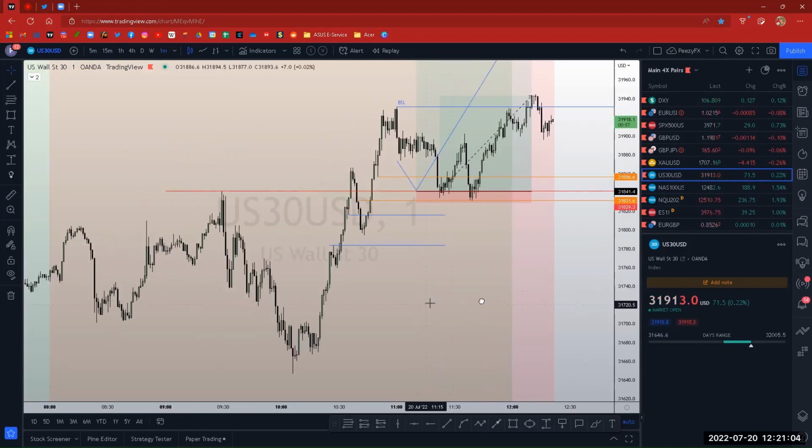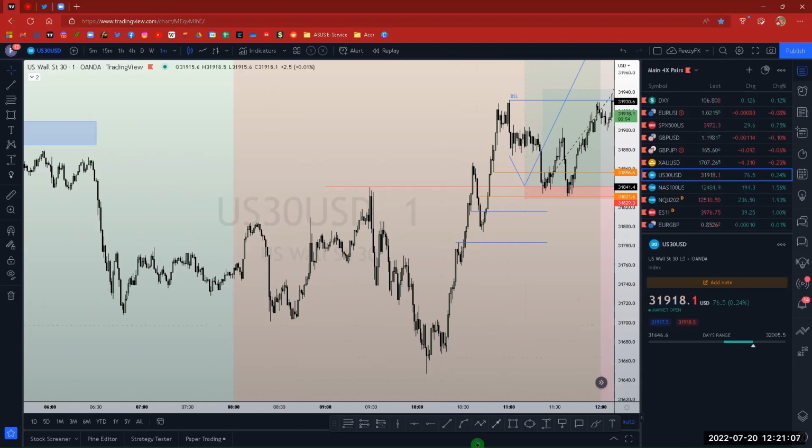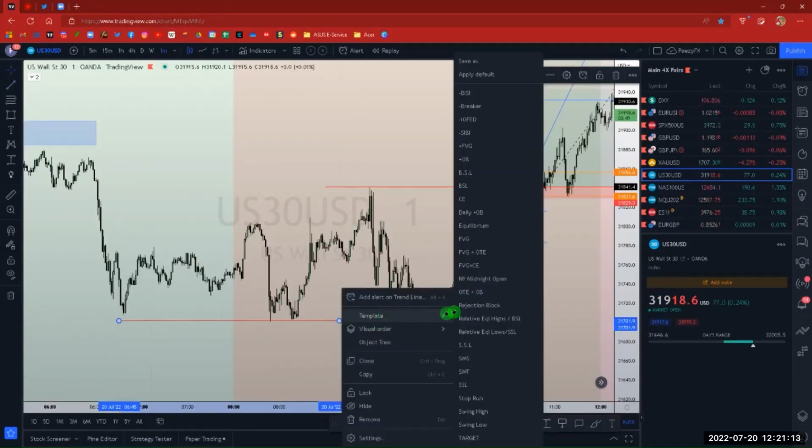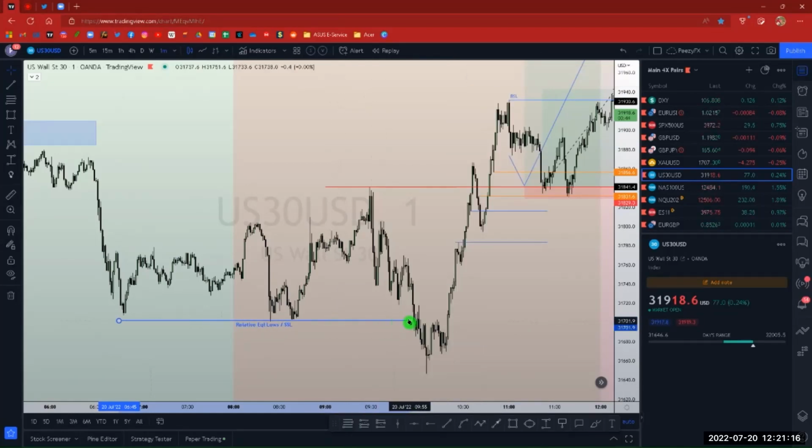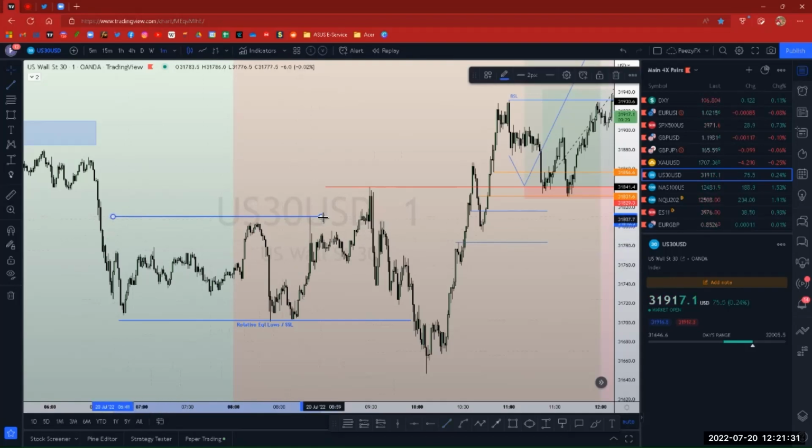So the 1 minute. See what we got here on the 1 minute. This is relative equal lows, sell side liquidity. So this is them basically clearing out both sides of this accumulation. That's what this is.